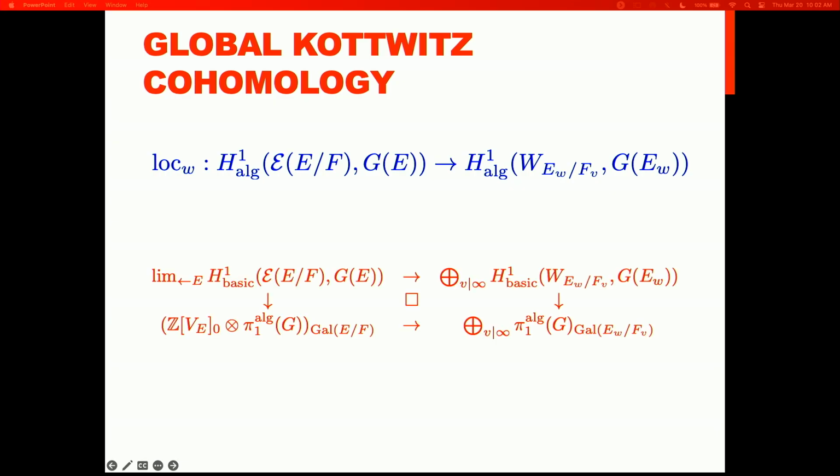And in the local situation, we knew this map was an isomorphism. Well, maybe we need to take some limit over all E, and then in the global setting, this is again very close to being an isomorphism.